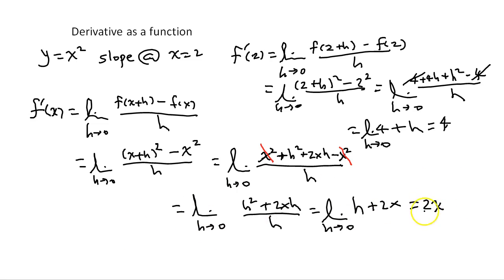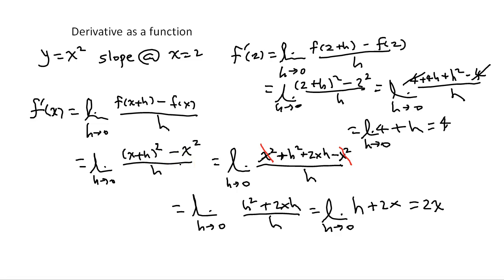So this is much more convenient. Having the derivative at hand is much more convenient. And since this is a function of x, that's why this video is titled Derivative as a Function.